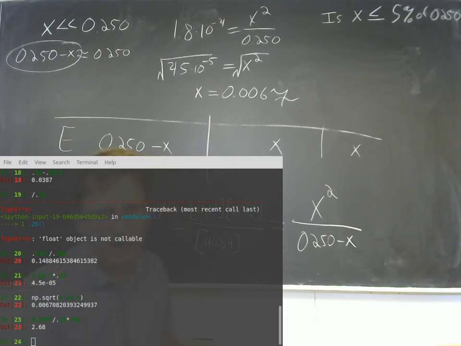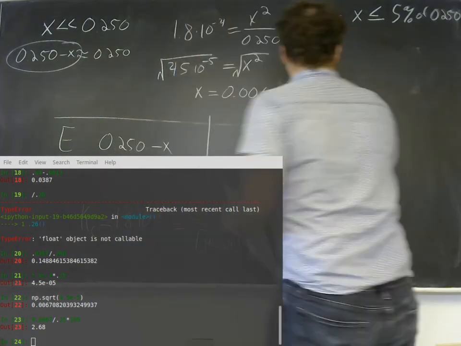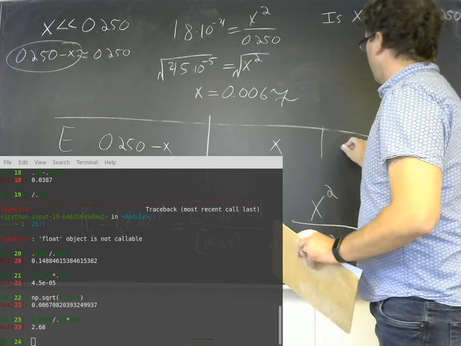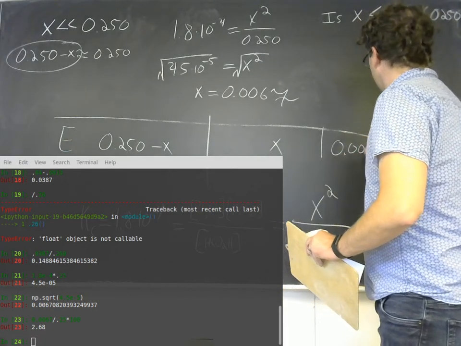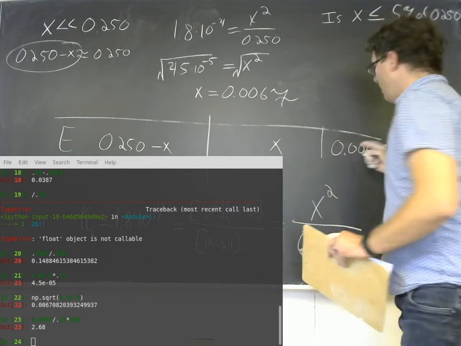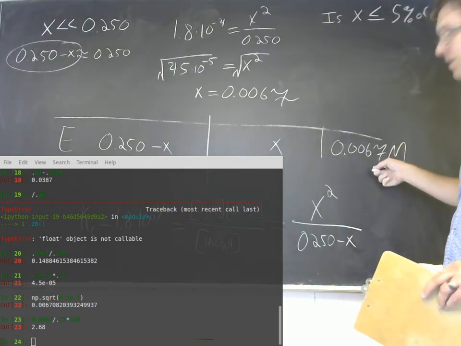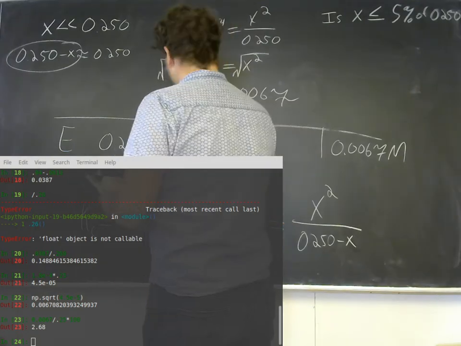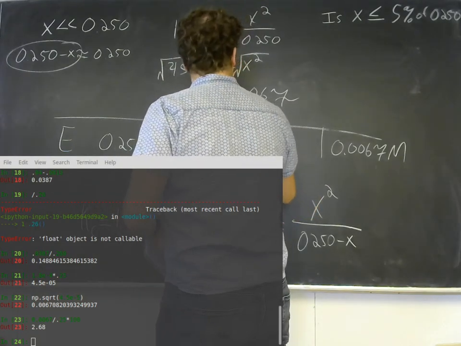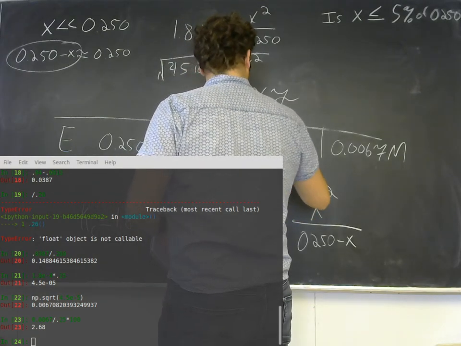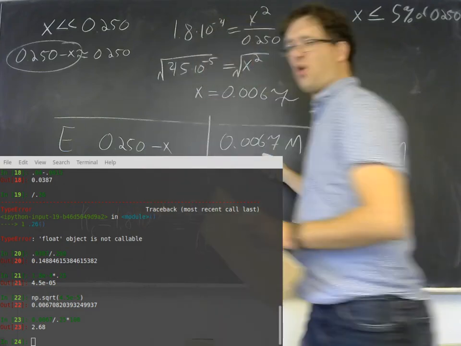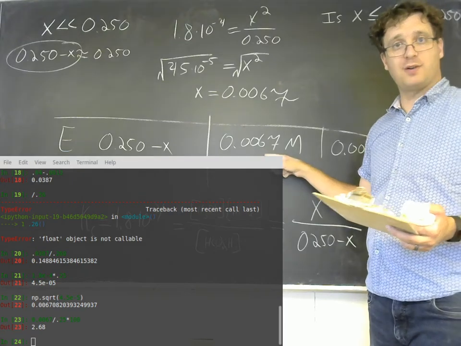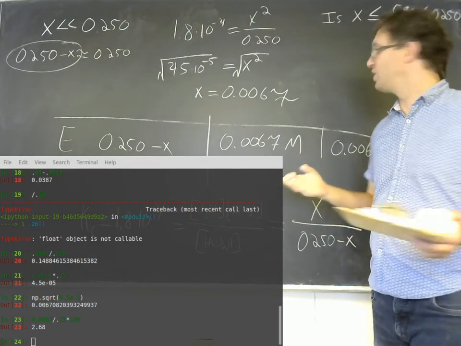Now that we have our value of x, we can replace things here. We know that our formate ion concentration will be 0.0067. We know that our hydronium ion concentration is going to be 0.0067. We could go on to find what the pH is going to be.